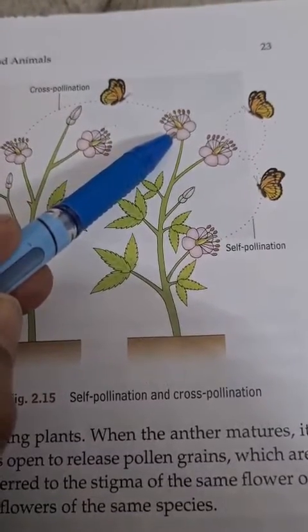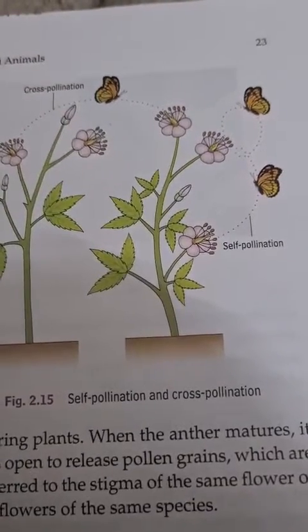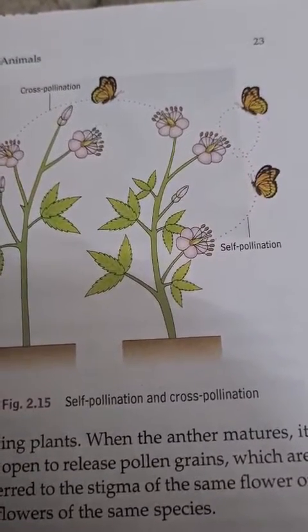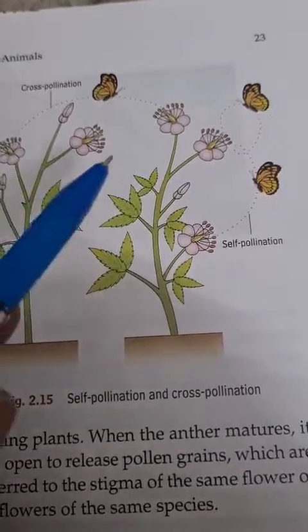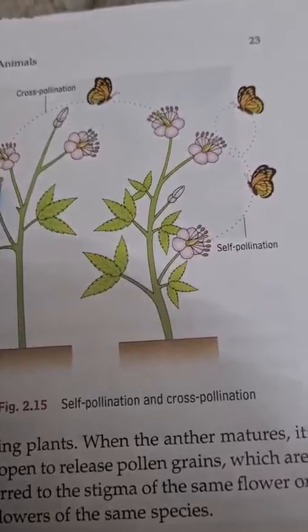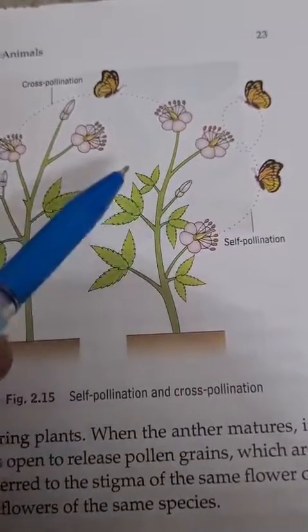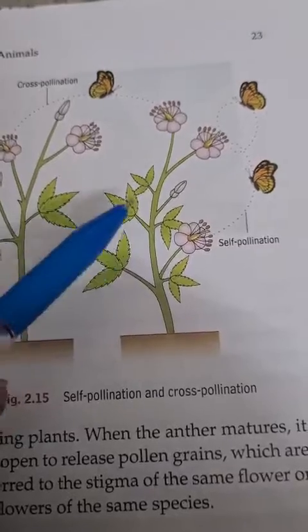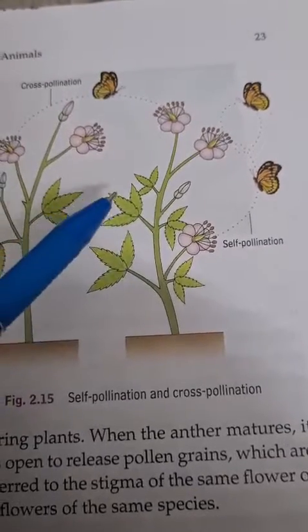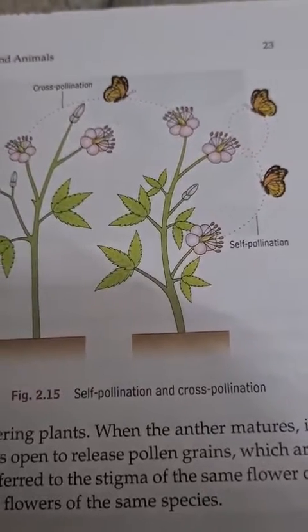cross-pollination. Now self-pollination occurs by itself. It doesn't require any helpers. But for cross-pollination, as the pollen grains are to be transferred from one plant to another plant, agents are required, helpers are required, and these are called pollinating agents.